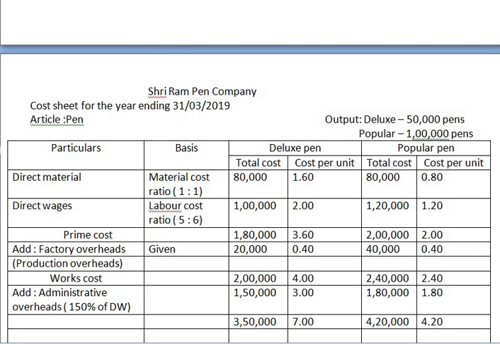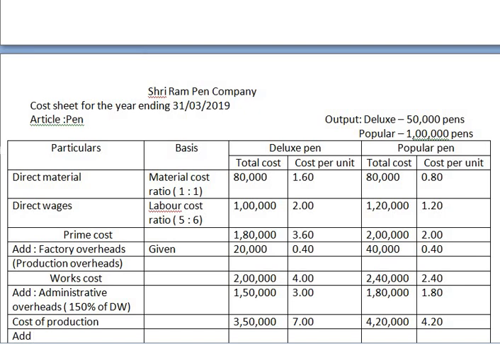Okay, yes. Now what this is called is cost of production. Cost of production.